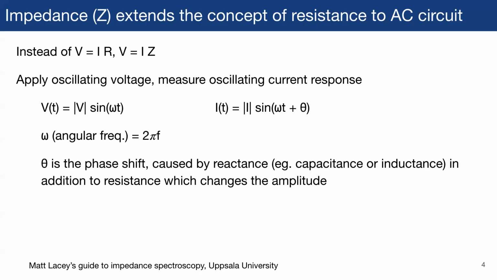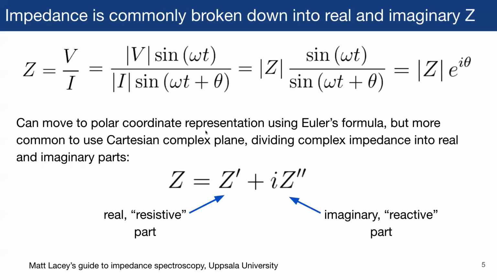And so now that we have not just a direct current, these inductors and capacitors behave a little bit differently than just a simple resistor. And so we start to need a little bit more to describe the current response. So we can actually break down that impedance into two different components.